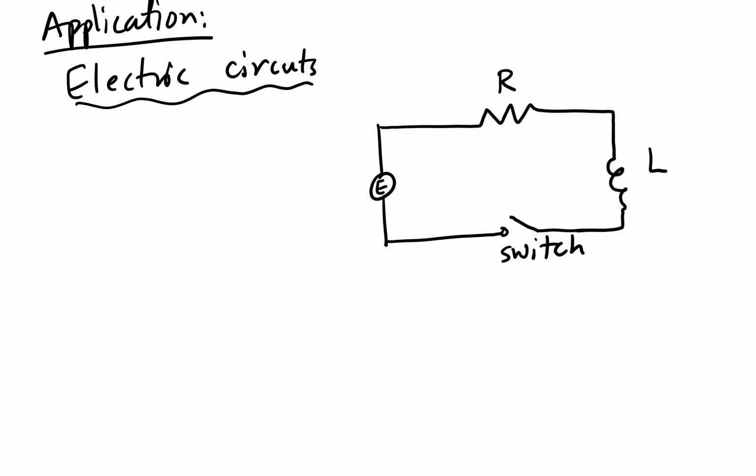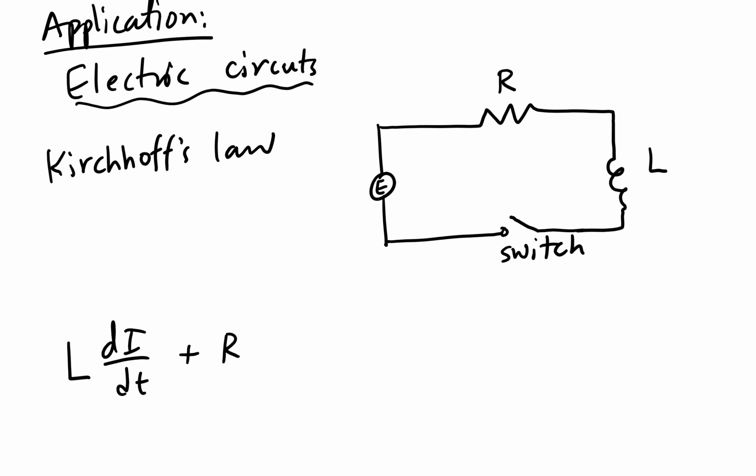With this we have something called Kirchhoff's law, which states that the sum of L di dt plus Ri, these two are called voltage drops, is equal to E of t, which is the supplied voltage.